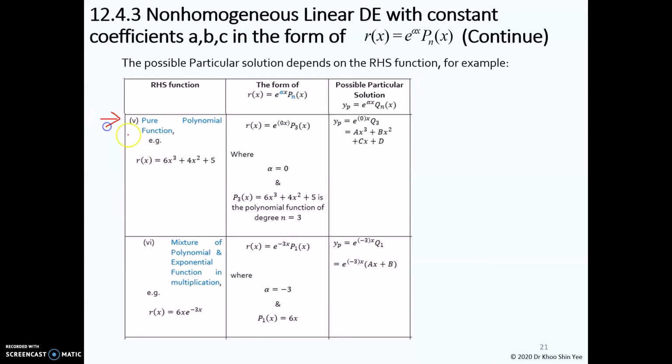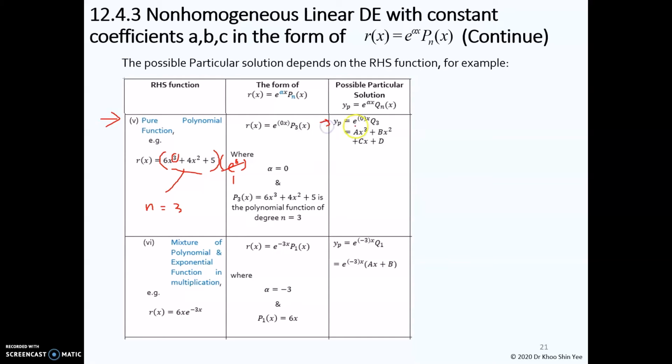Let's continue. If your right-hand side function is a polynomial function without the exponential function, in this case your alpha must be equal to 0 so that the exponential function can be cancelled to 1. Based on the polynomial function here, the highest power is equal to 3. Therefore, we know that the degree is equal to 3.